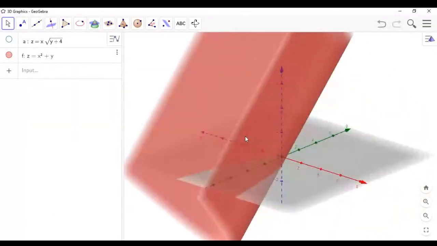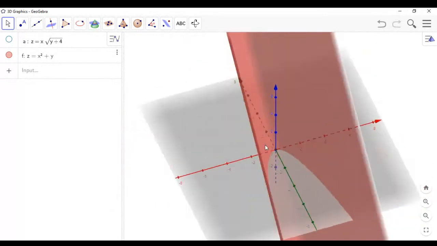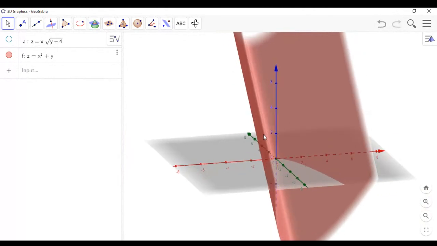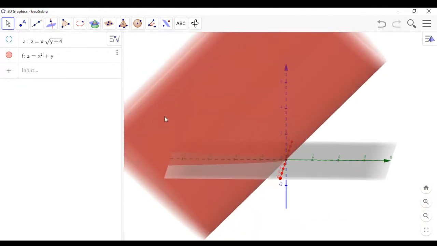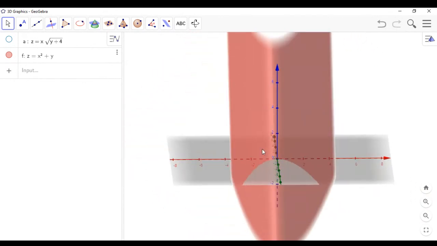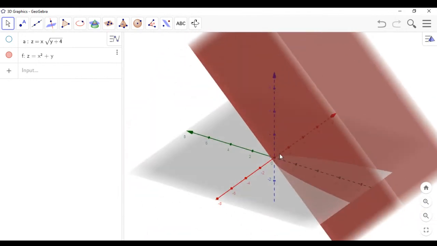It's like a tilted parabola, almost a tilted stretched parabola, which is exactly what our level curves show. And if we put a horizontal plane in at any height, we would see that we would get a parabola. Does that clarify how level curves can show the shape of a 3D graph?